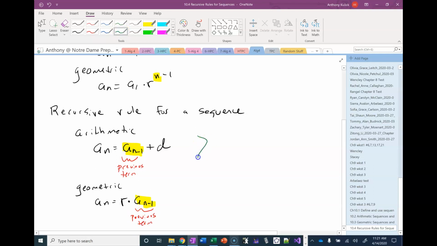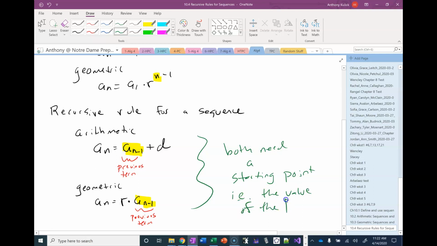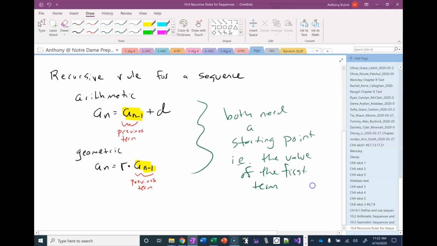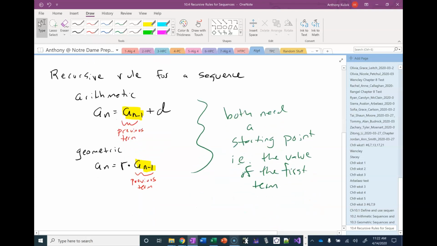Now there's one other thing that we need for both of these. In both of these situations, we need a starting point, i.e. the value for the first term.